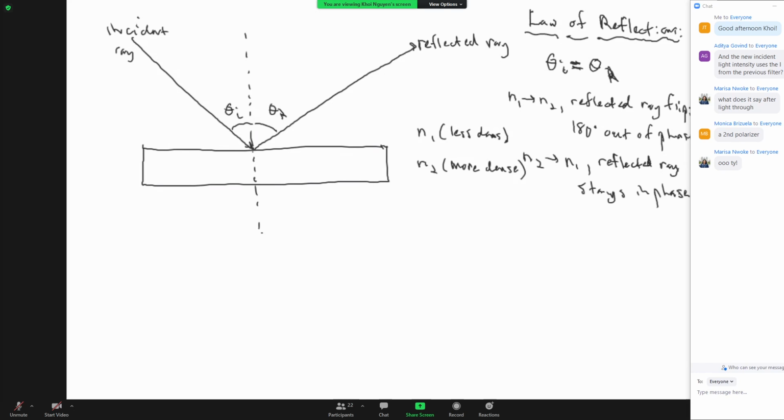The next thing that can happen, light can also refract. This is your refracted ray of light, and it creates an angle theta. We're going to call that little r. Okay. Snell's law of refraction.